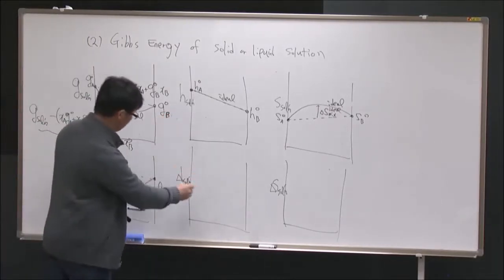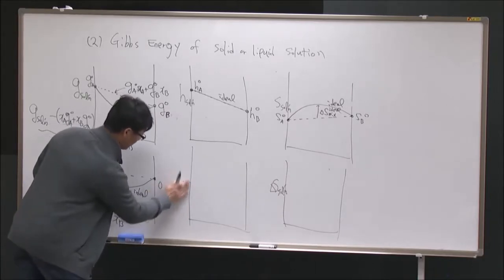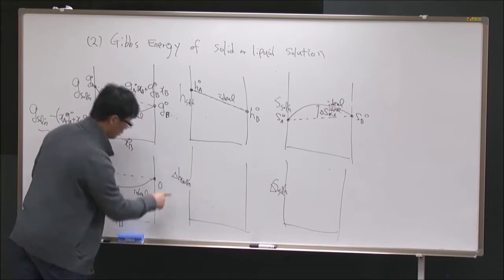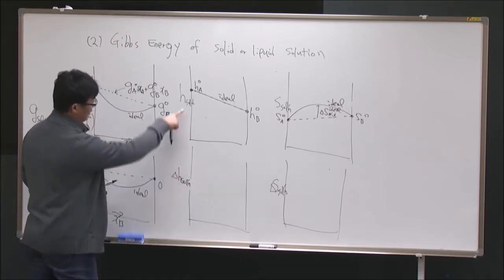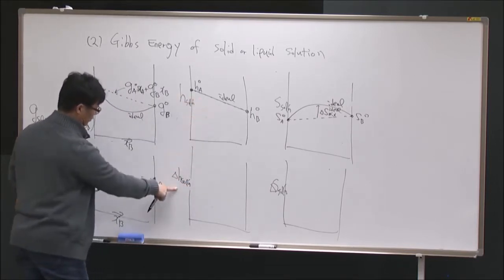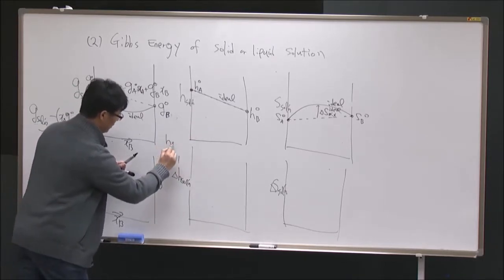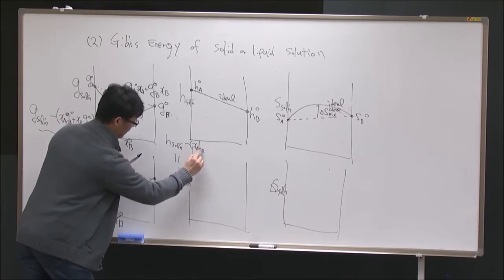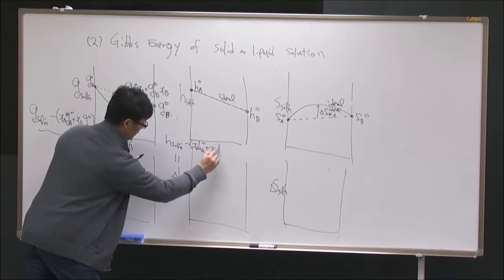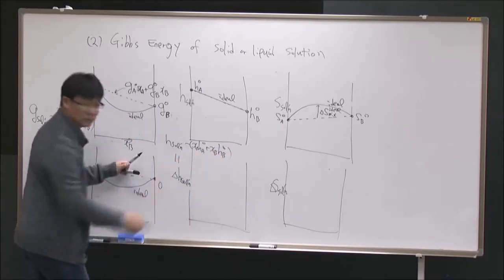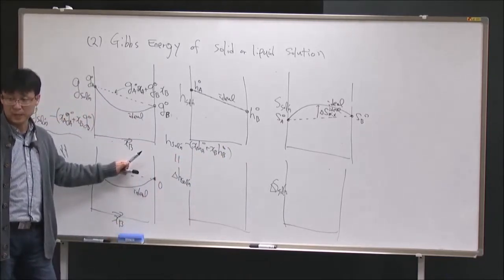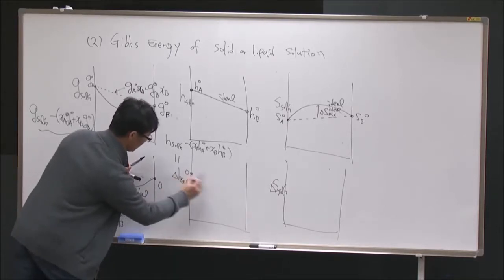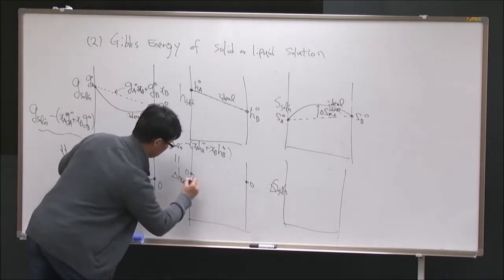And when you express this as mixing, delta H of solution means H of solution minus XA HA plus XB HB, minus the pure A and pure B. Then this will start from 0 and finish at 0.